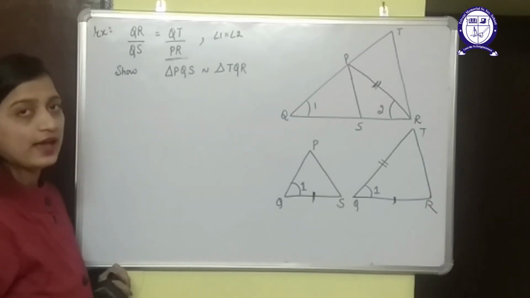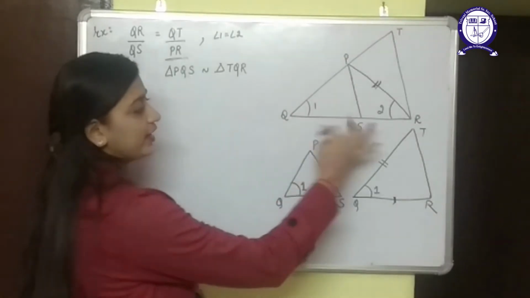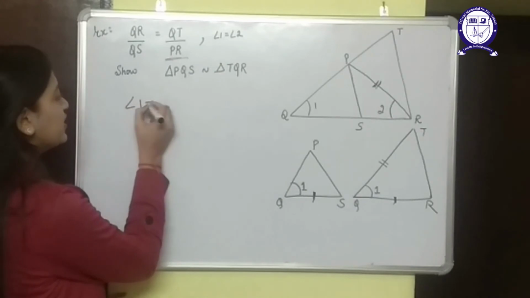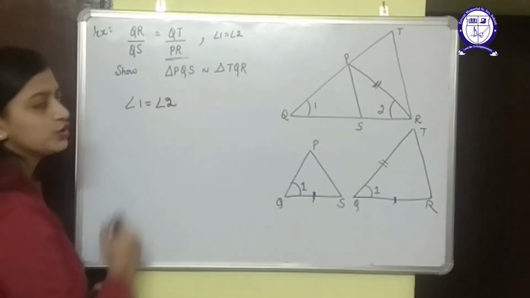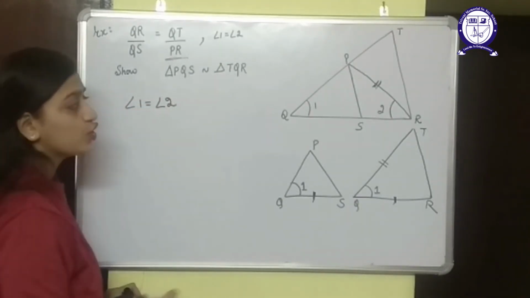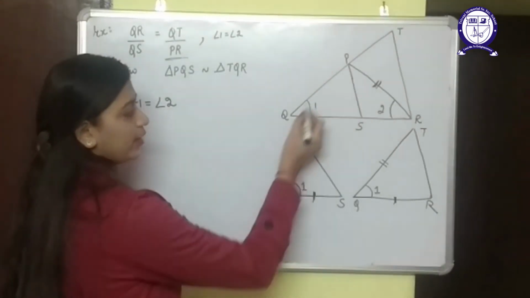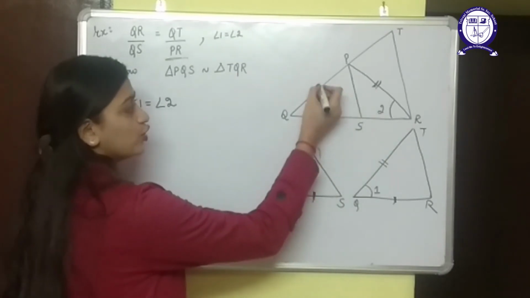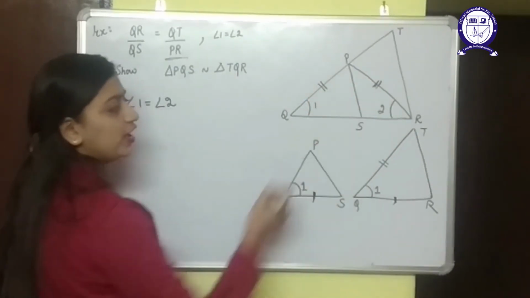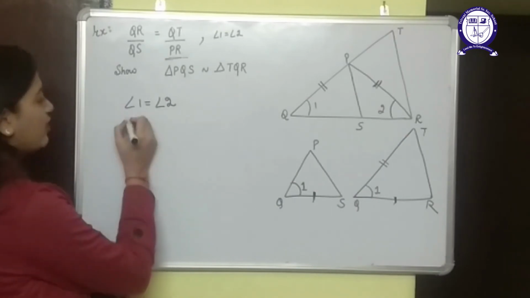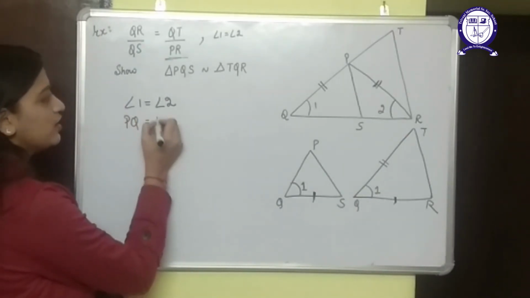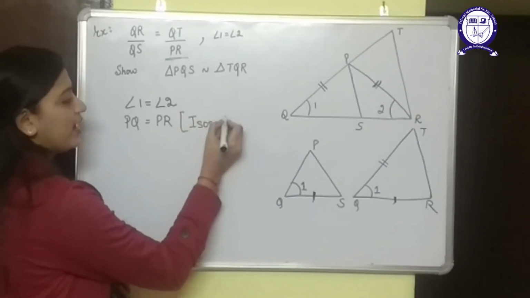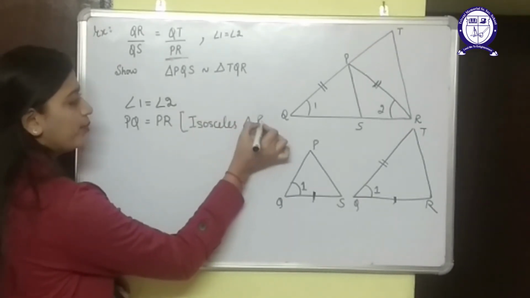We can see that angle 1 and angle 2 are equal to each other, right? Angle 1 is equal to angle 2. So in triangle PQR, angle 1 and angle 2 are equal, so these two sides will be equal to each other. Why? Because this is an isosceles triangle. We can write by isosceles triangle property.